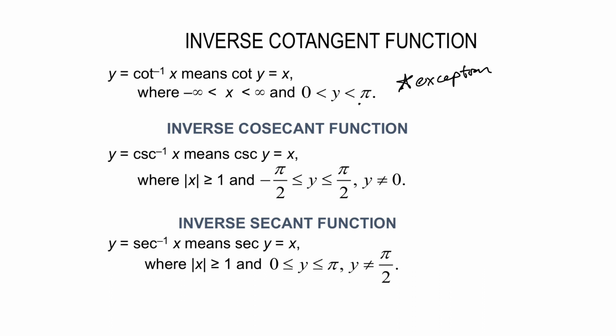So if it's negative, we report it in the second quadrant rather than the fourth, which is what we do for tangent. Otherwise, these follow the same as their cohorts, if you will, their inverse functions. Cosecant follows the sine, ending in the first or the fourth quadrant, and secant follows cosine, ending in the first or the second quadrant.